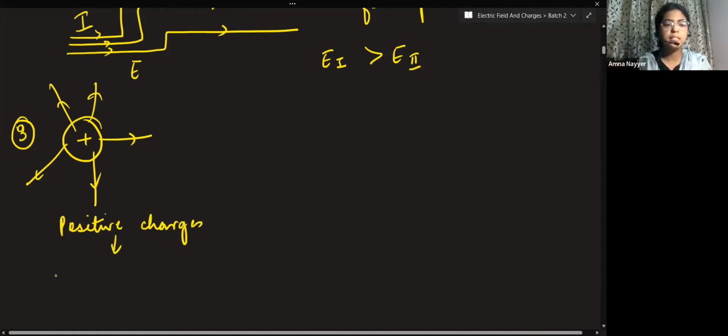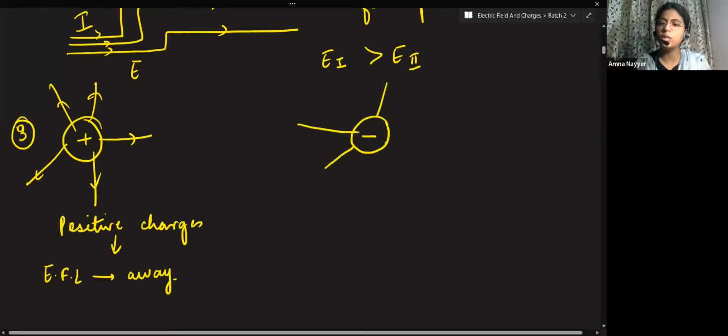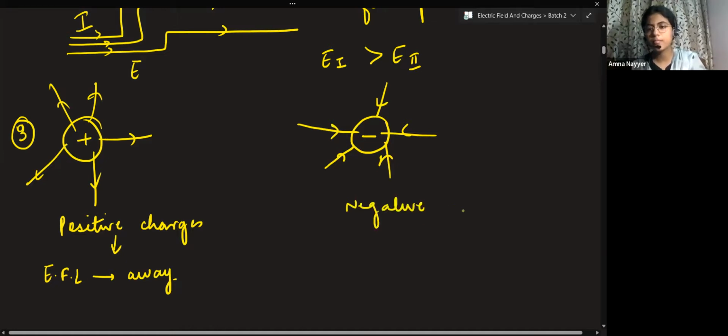If you have negative charge, all the field lines will be coming towards the charge. This property we have used a lot of times in electric field and electric flux. So negative charges give electric field lines which will move towards the charge.